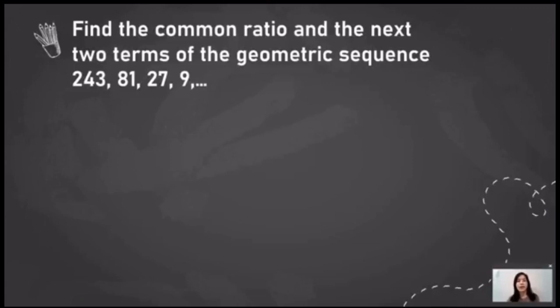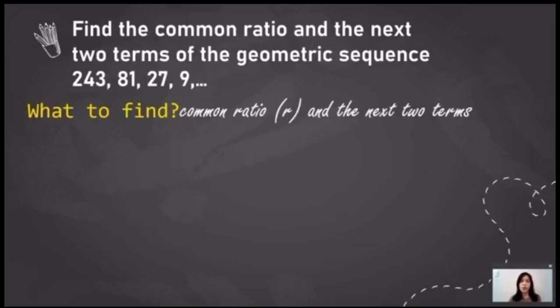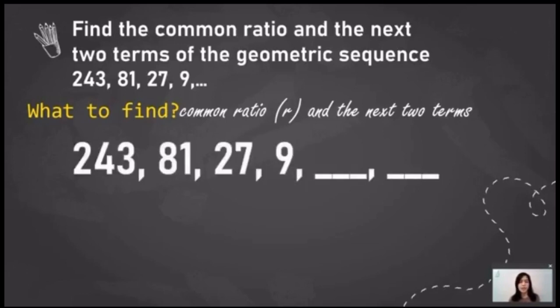Next, find the common ratio and the next two terms of the geometric sequence 243, 81, 27, 9, and so on. So let's put two blanks after 9. Common ratio, again, we divide a term by its preceding term.